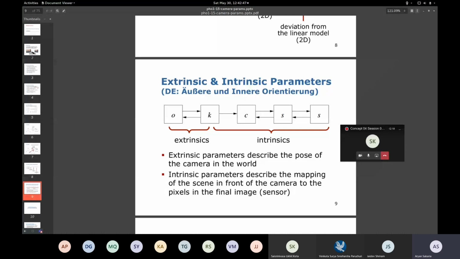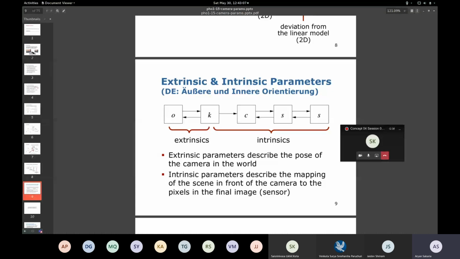Just think of it like this: extrinsics define the orientation of points and stuff, the viewpoint sort of thing, and intrinsics are more about the minor corrections and stuff like that.